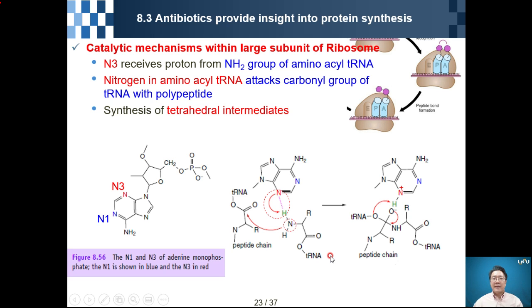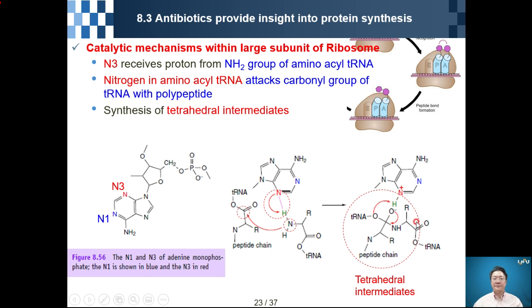After that, the nitrogen in the aminoacyl-tRNA attacks the carbonyl group of the tRNA with the polypeptide. Then they make the tetrahedral intermediate. So this is the intermediate step.